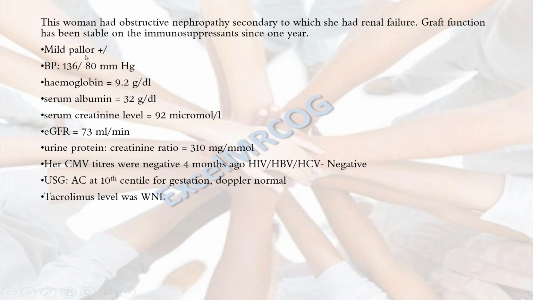Apparently, looking at her blood tests, the renal function tests and full blood count, it is apparent that her renal function tests are in a normal range, and she has anemia. At the moment, her blood pressure is controlled, and GFR is also in a normal range. By ultrasound, the baby is also growing in a normal range, as abdominal circumference is on the 10th centile, Doppler is normal, and tacrolimus levels are also normal.